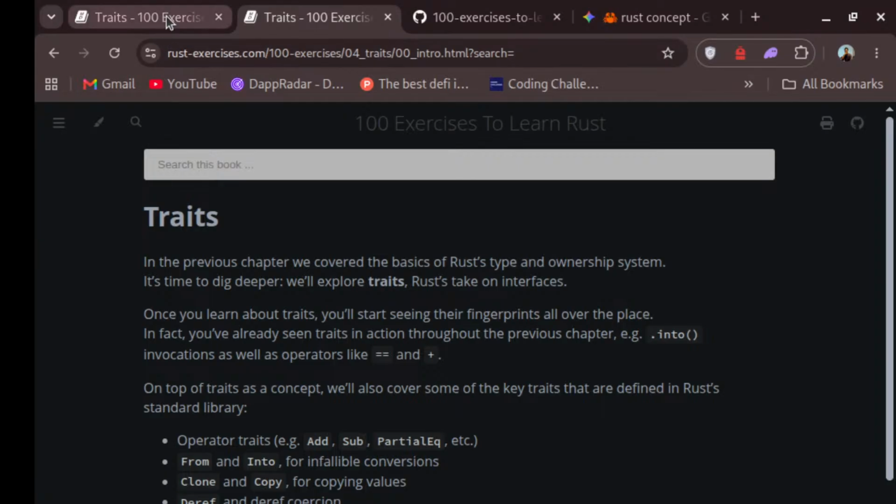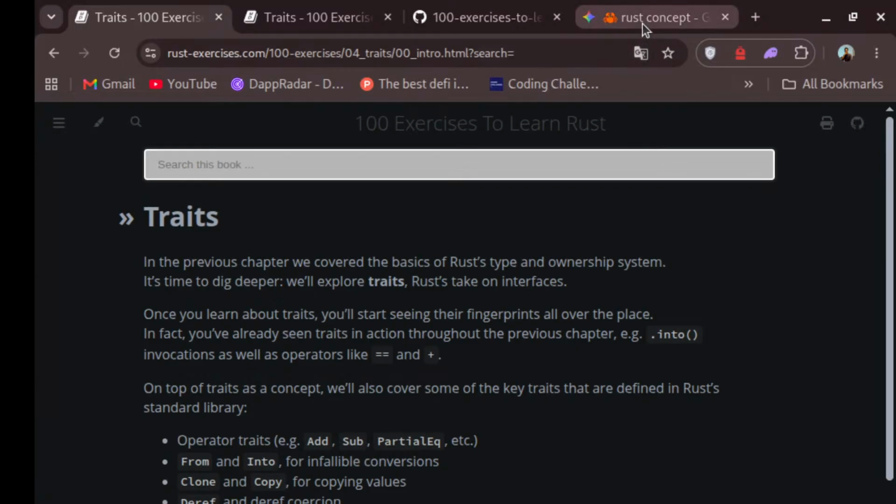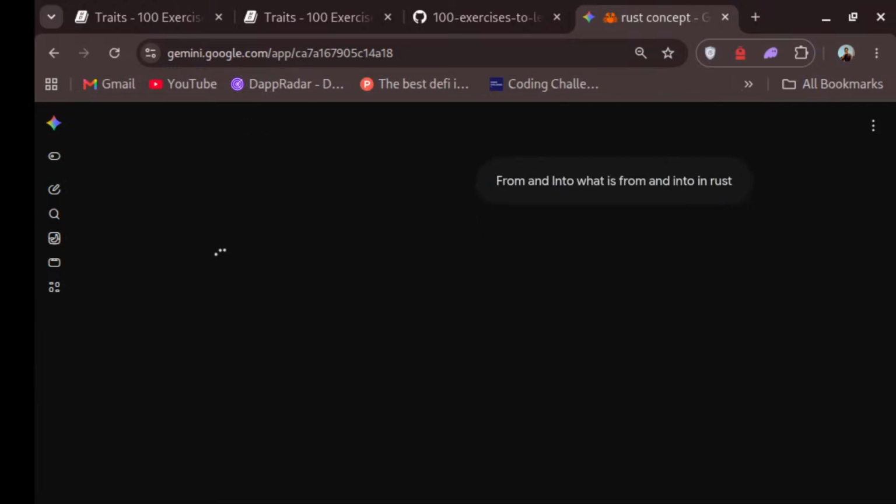That's why we will search online, or the best way to learn fast nowadays is to use AI. So I will just ask AI what is From and Into in Rust.